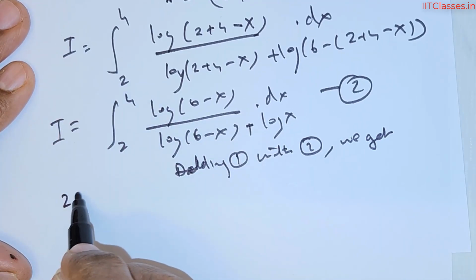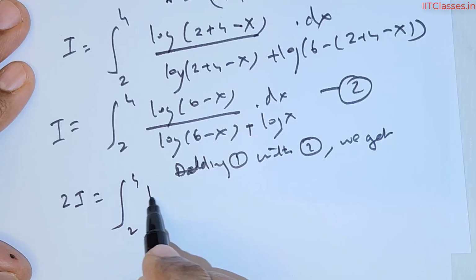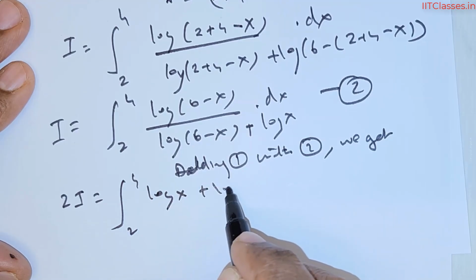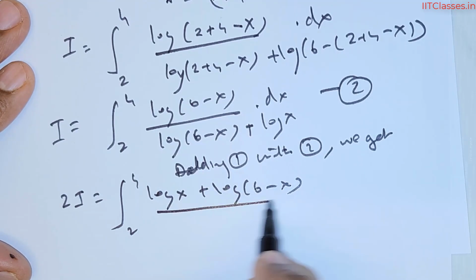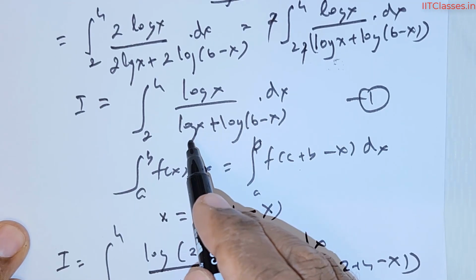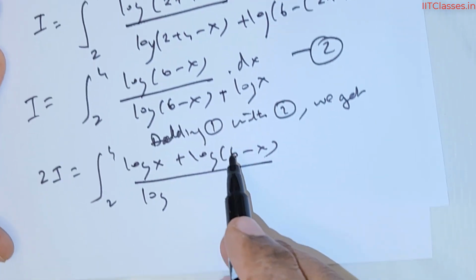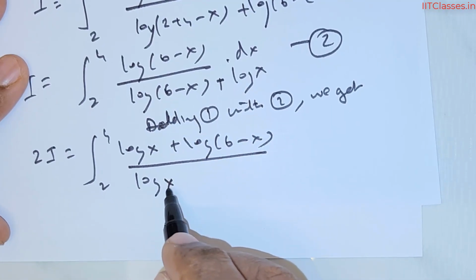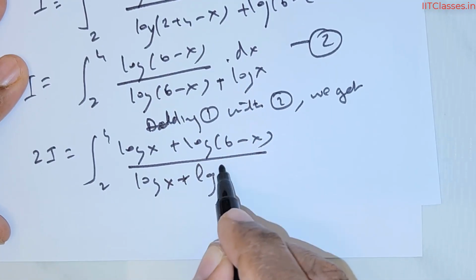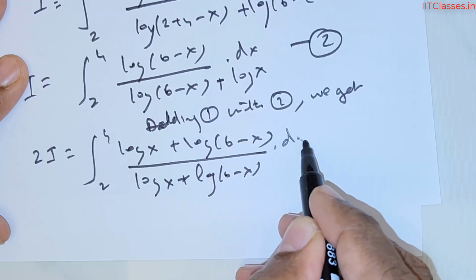So I plus I, you get 2 times I, the integral from 2 to 4 of log x plus log of (6 − x), divided by the denominator log x plus log of (6 − x).